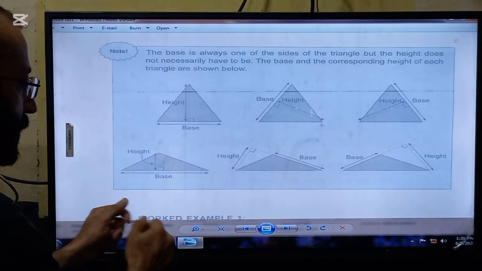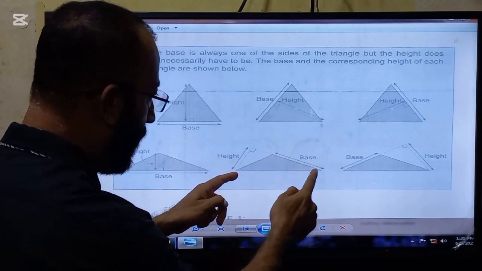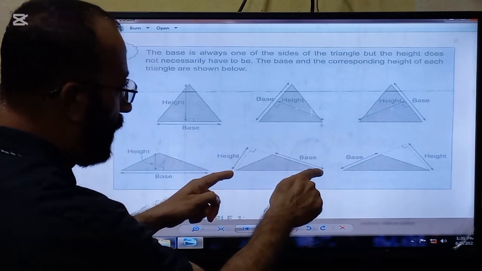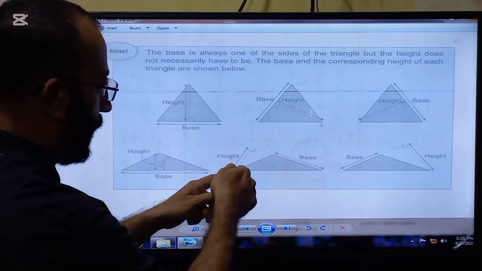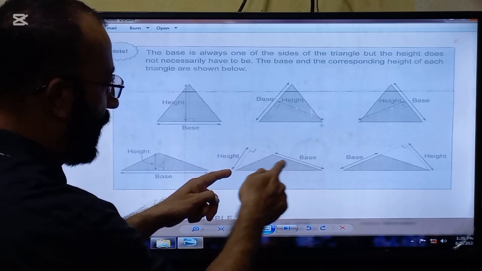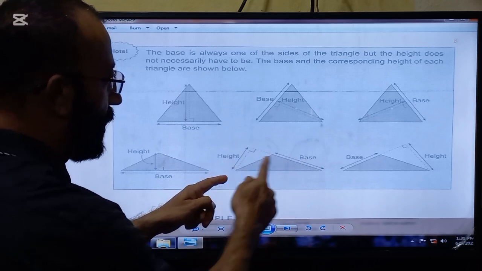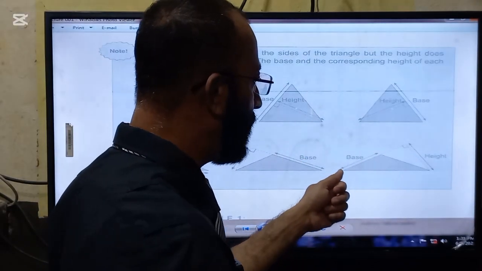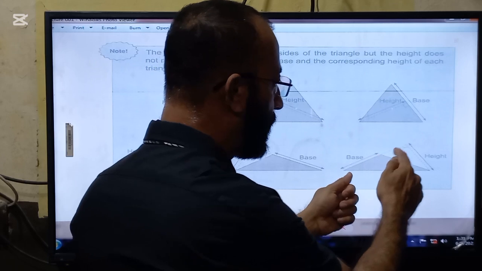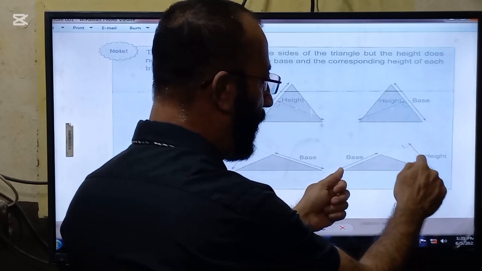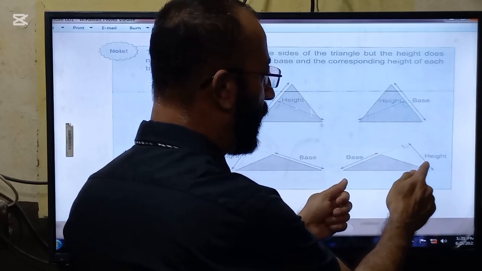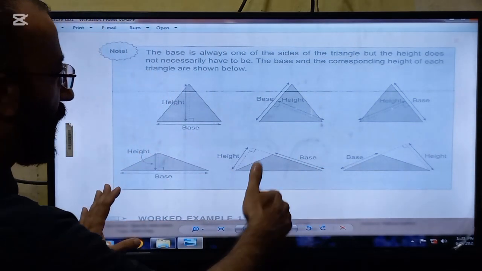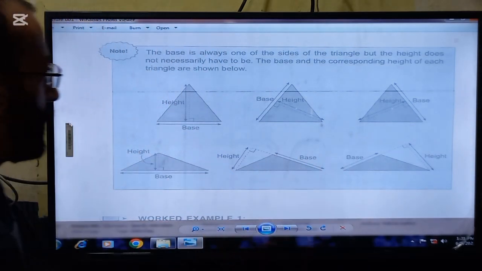If this is the base, look now, this is the perpendicular because we will extend this side and it will be perpendicular to the base. So this is the height of this base. Likewise, if this is the base, then we extend this side and this will be perpendicular to the base, so this will be called the height. So these are some bases and their corresponding heights.